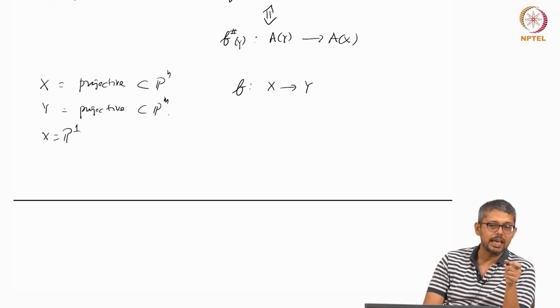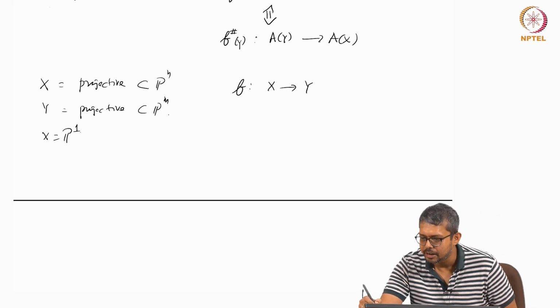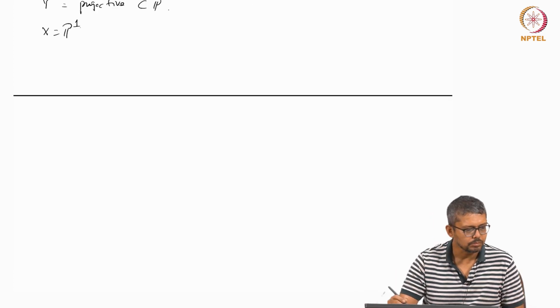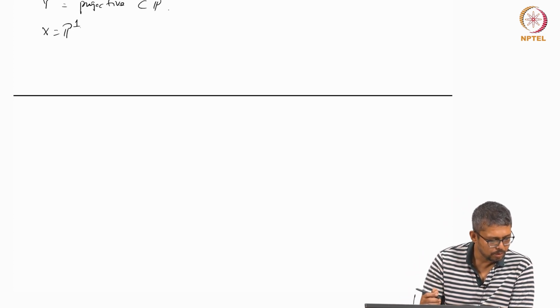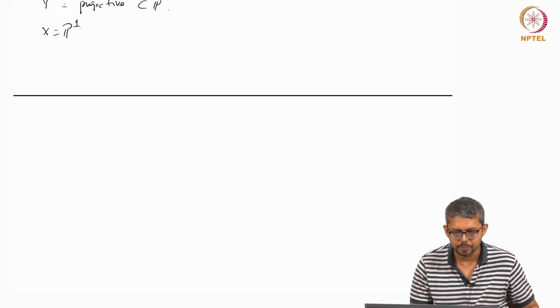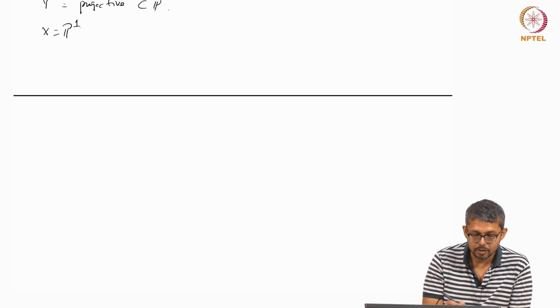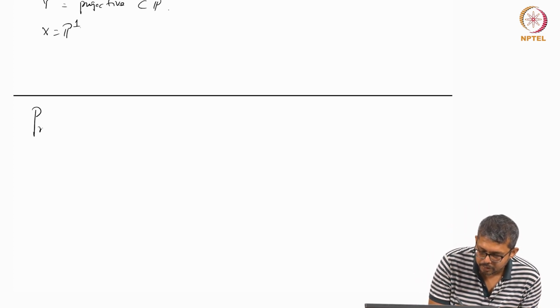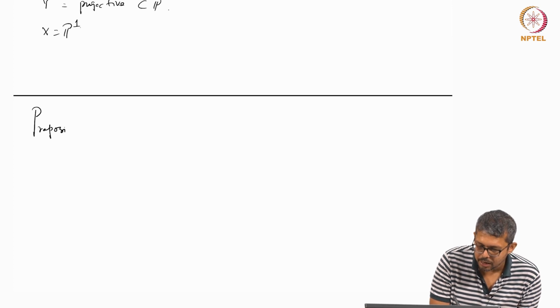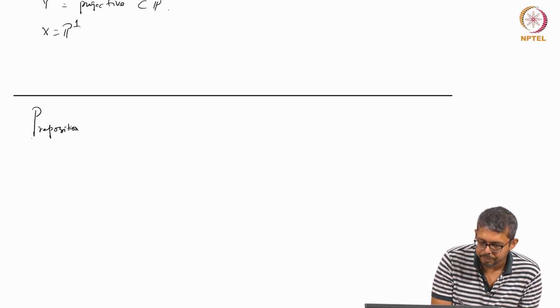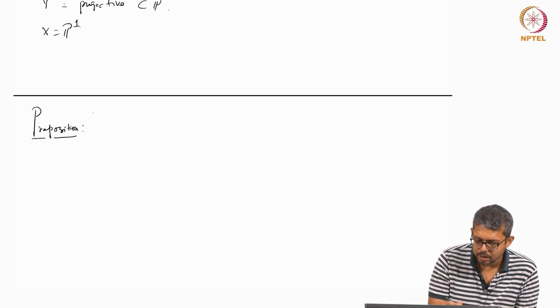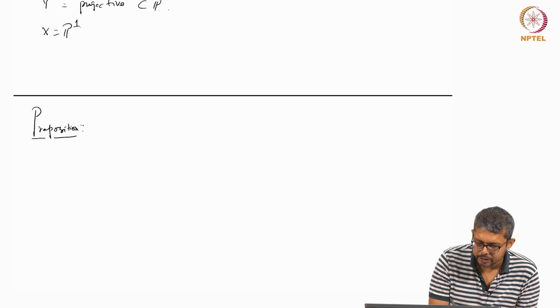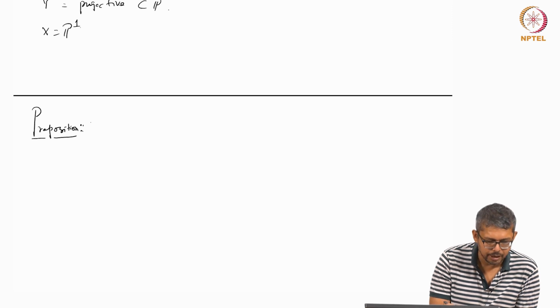So to check the second condition, this is the next proposition. Mostly the checkings are the usual checkings, but one has to do such checking to say there is a morphism.